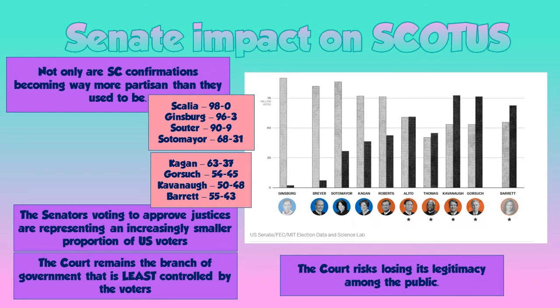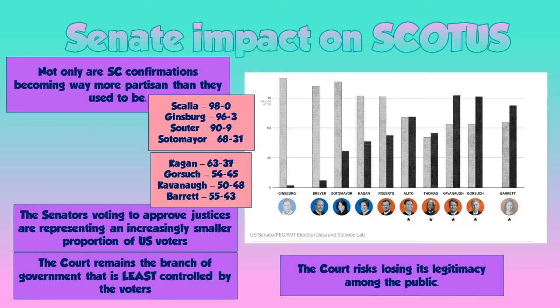And what you see in the chart here, we have gray lines and black lines, and this is just showing us the judicial appointments recently. The gray line represents the percent of voters represented by the votes in Congress, and the black line represents the votes of the opposition.